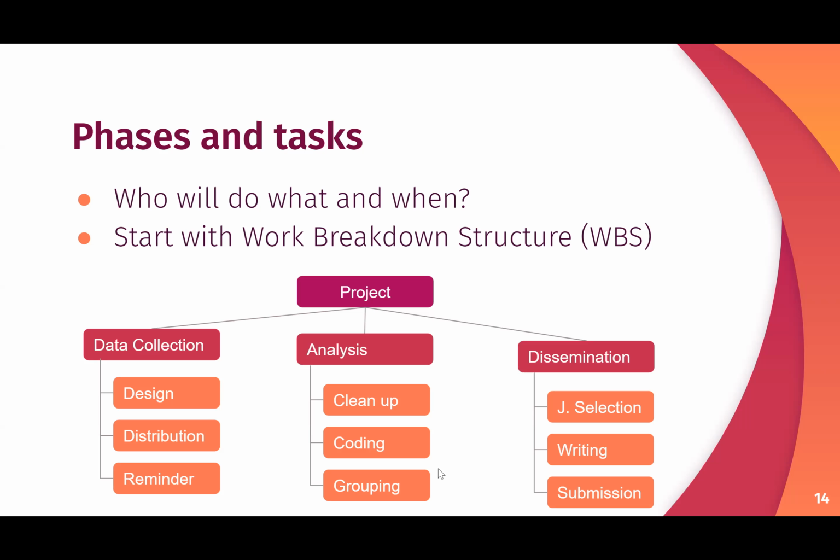And then for dissemination, maybe we'll have a journal selection, so deciding where it's going to go, writing the actual thing, and then submitting it. So this is a good idea for you to identify all the tasks that need to be done so that we can actually get this project done.